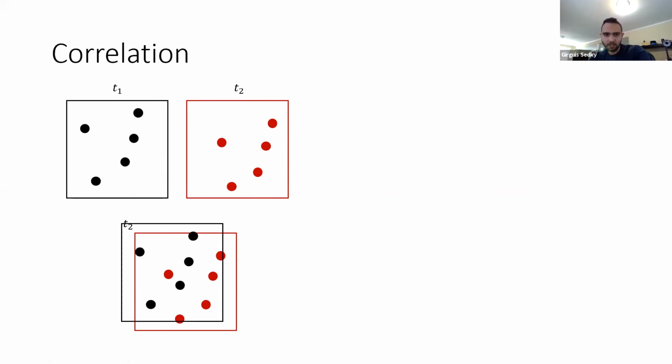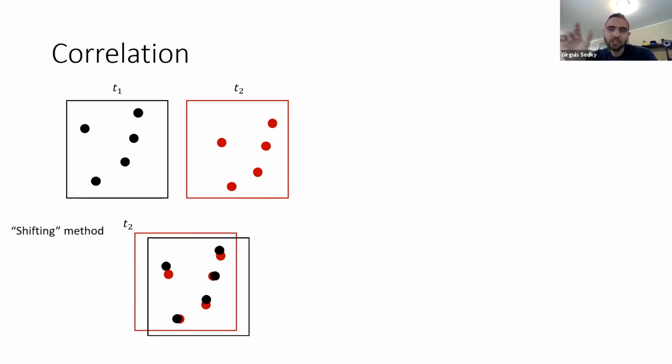Let's say this is one window at T1, the black image, and at T2, the red image. You shift the first image until you get the best match with the window in T2. Once you get the best match, you look at the shift you had to do, and this is your particle displacement. And you know delta t, so you can calculate the speed at this point in time.